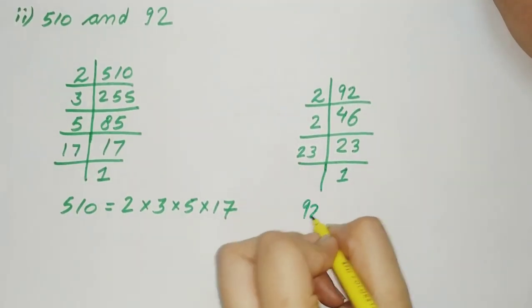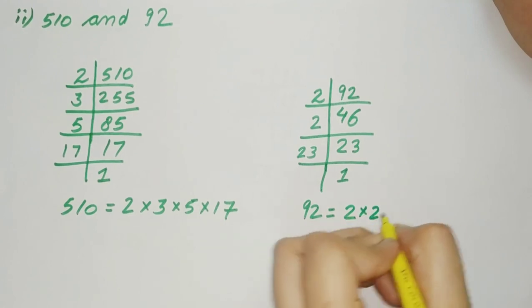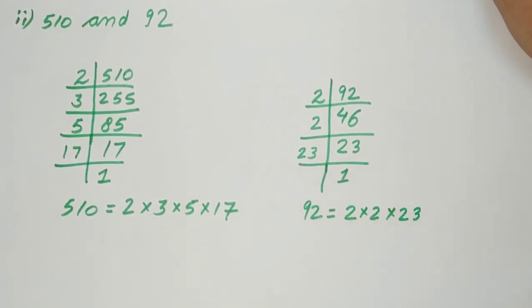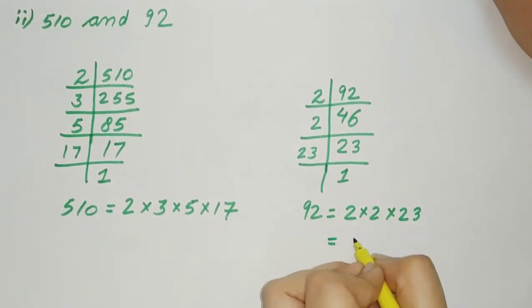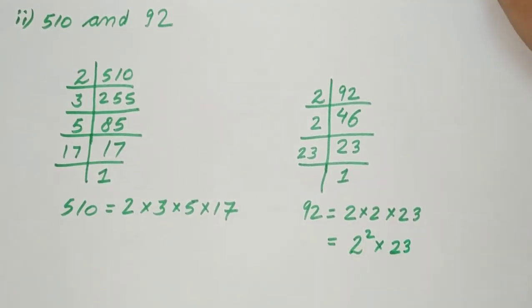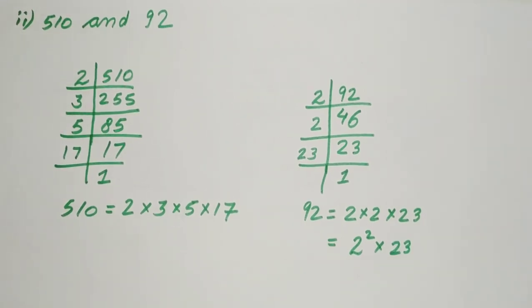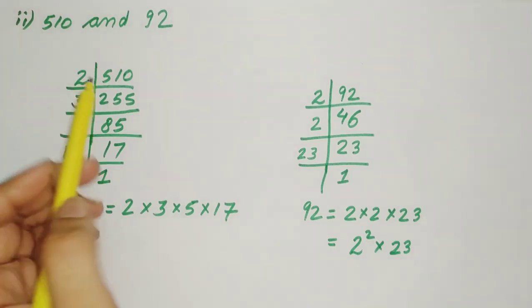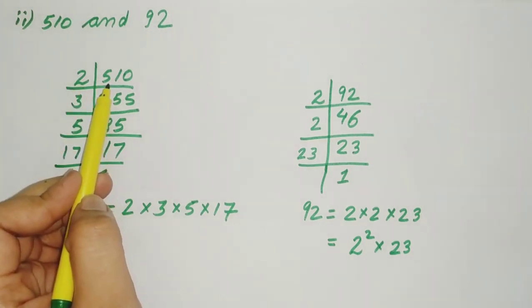And thereby 92 can be expressed as 2 multiplied by 2 multiplied by 23, which can also be written as 2 power 2 multiply 23. See, I am writing down the answer, but you have to divide in the exam to find out the quotient of 510 divided by 2.